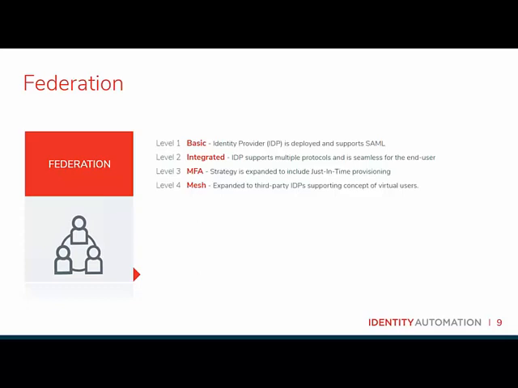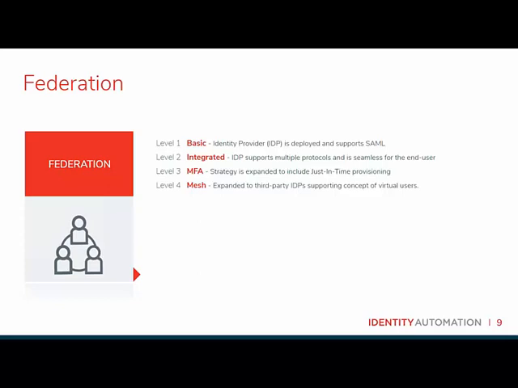So level 3, MFA, that increases security a little bit further by implementing multiple types of authentication methods with different types of authentication policies that are very, very granular and adaptive, as well as implementing just-in-time provisioning, which simply stated is where the IDP sends all of the information necessary to the service provider application during the user's authentication.